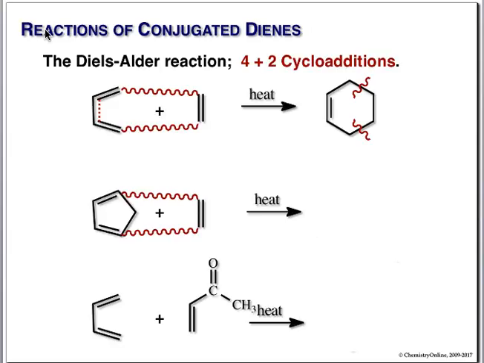Now, the product of this reaction is going to be a 6-membered ring that includes these 4 carbons and these 2, and we're going to have these 2 as a bridgehead. There's going to be our double bond.